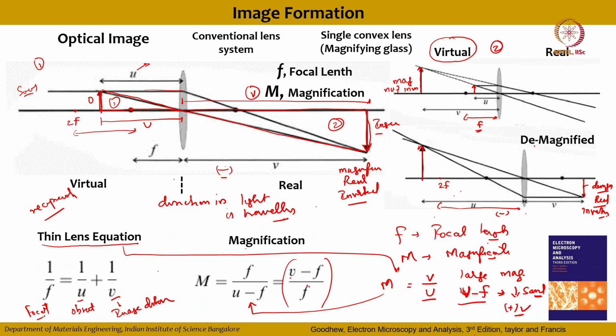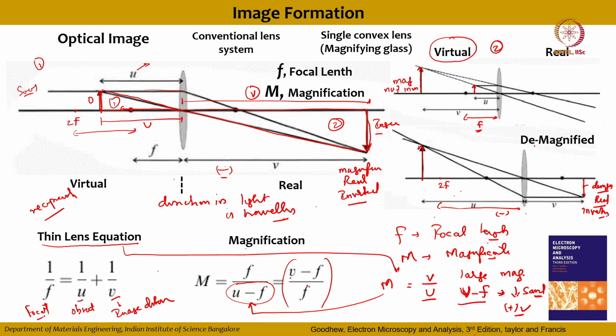Okay, so for large magnification, this particular U minus F should be small and also it should be positive, then only you will get the large magnification. And this is achieved only by placing your object just beyond the focal point of the lens. Okay, so this is your simple lens system for image formation.